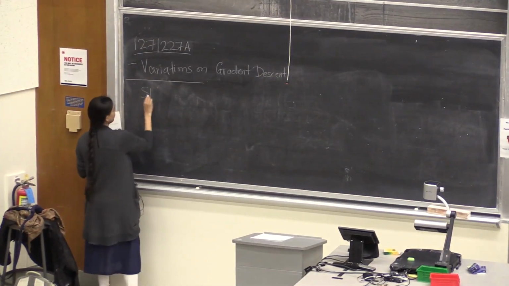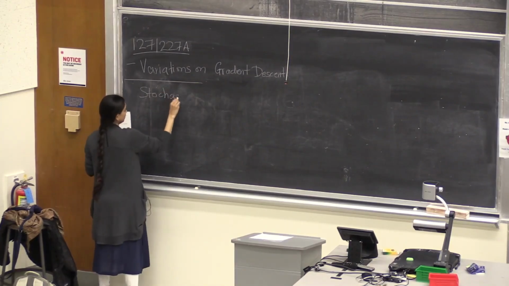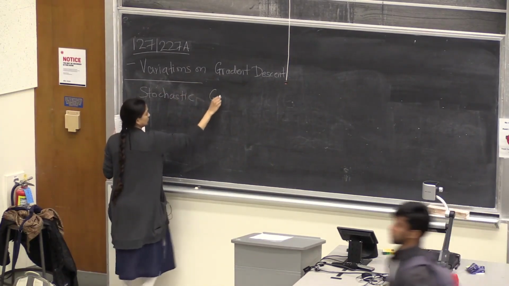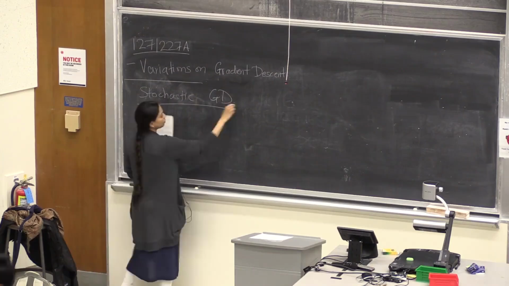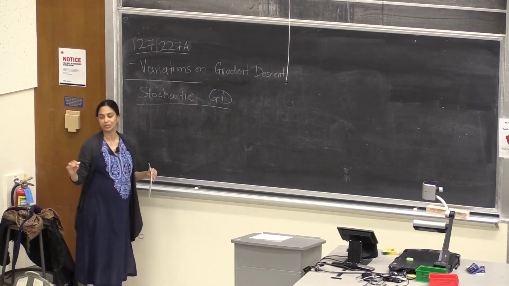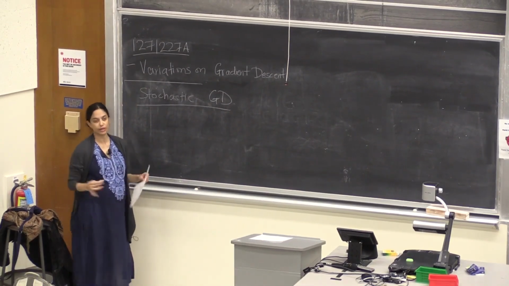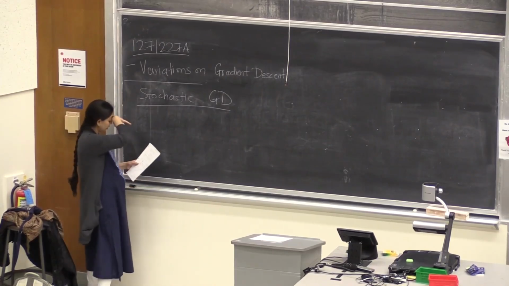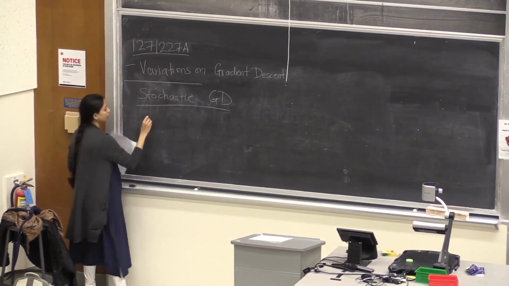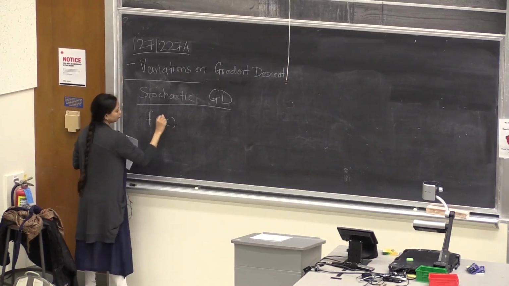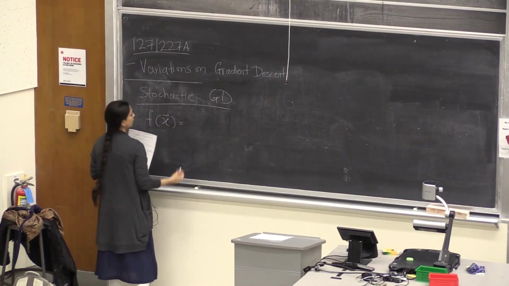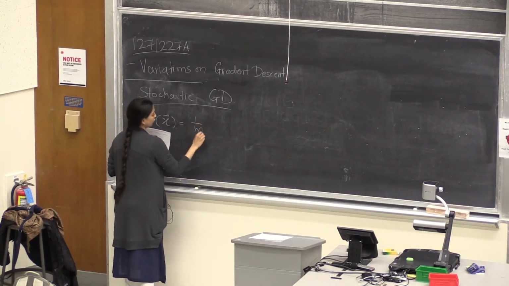So the last time we talked about stochastic gradient descent, and this is probably the most important generalization of gradient descent that you need to understand. And here we talked about what to do when you have loss functions of the following form.